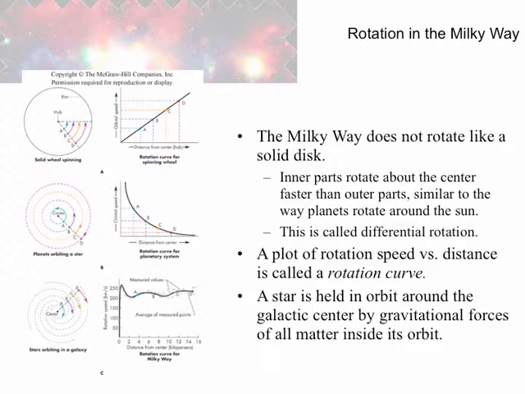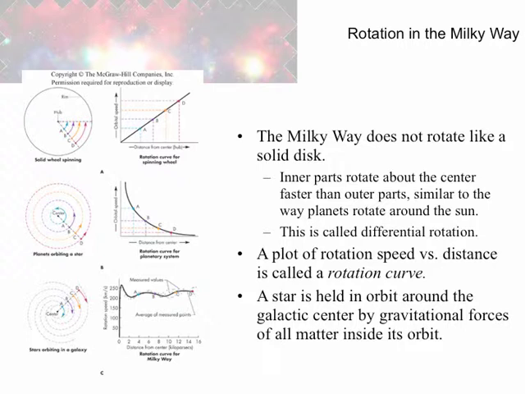So the next logical thing would be that you would expect the stars of the Milky Way to orbit the center similarly to how planets orbit a star. That's very logical, and it would be the next best guess if you had already ruled out that the Milky Way is a solid disk.